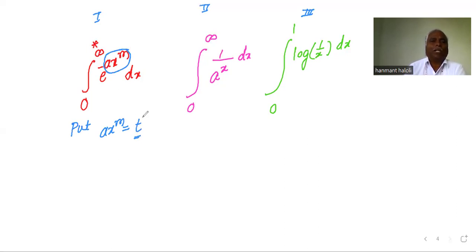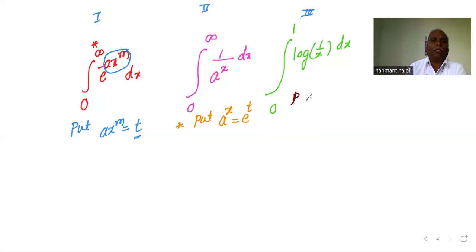Now for the second one, here replace a raised to x equal to e raised to t. A raised to x can be written as e raised to t. This substitution helps you convert the integrand into directly soluble form.